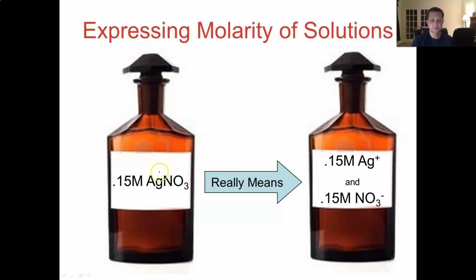It dissociates into 1 mole of silver, 1 mole of nitrate, and you end up with 0.15 molar silver and 0.15 molar nitrate. Back in our unit on intermolecular forces and solubility, we also did something like this with the lab simulation. Okay, so we should recognize that.